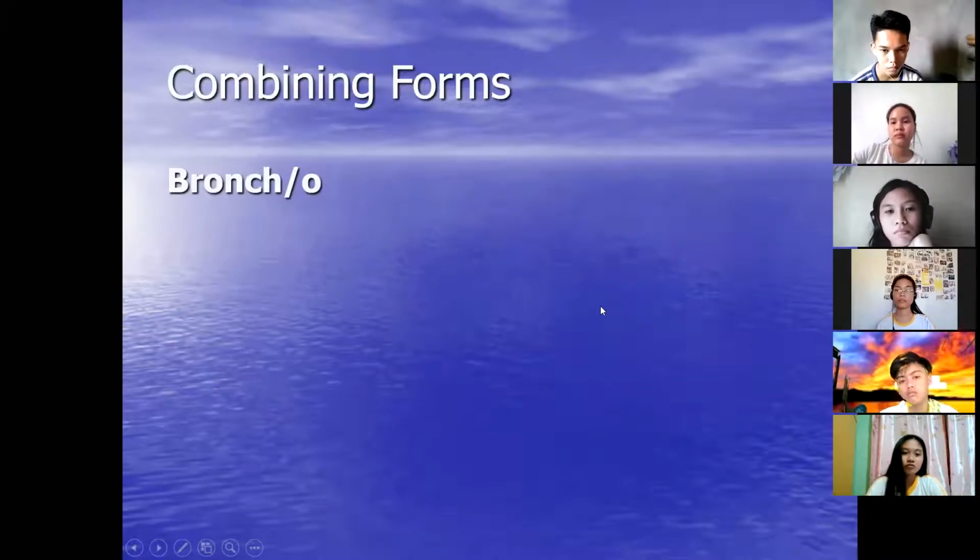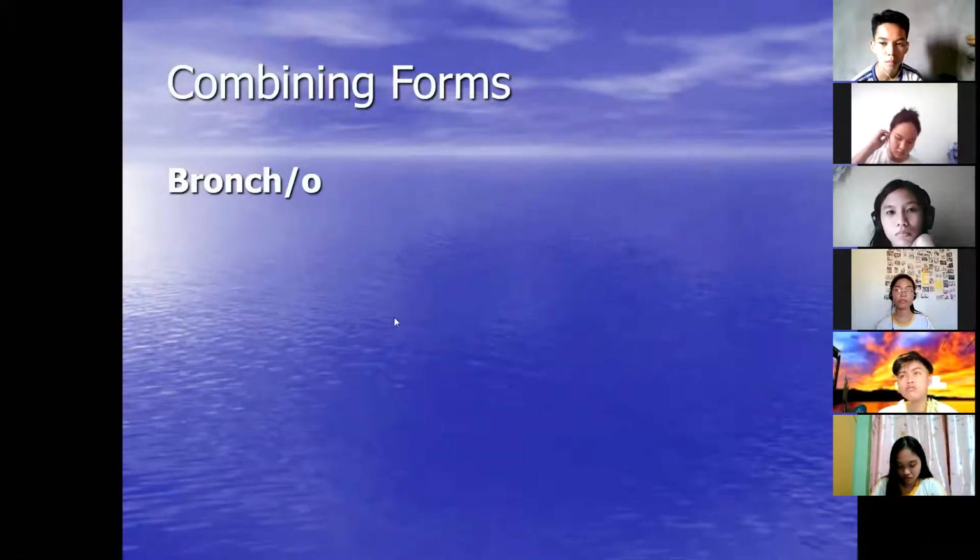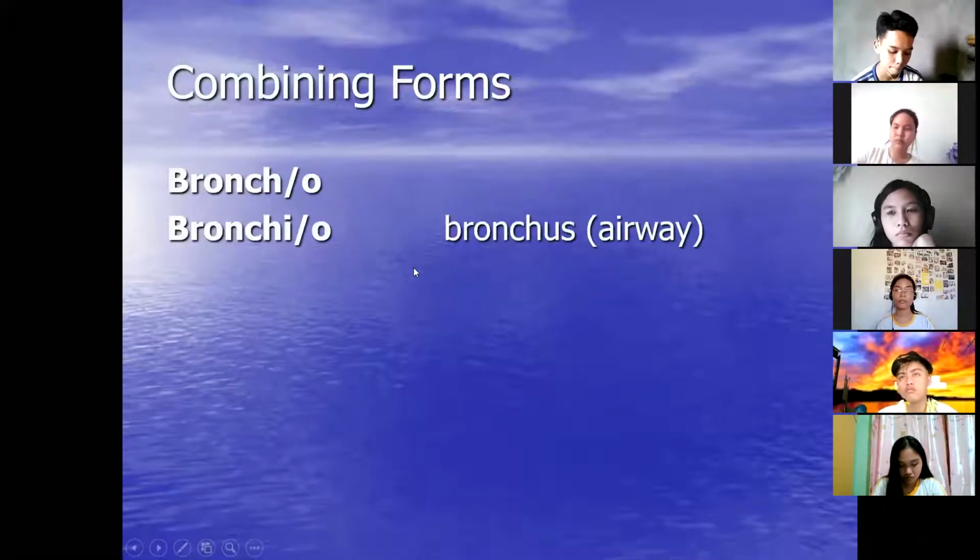Okay, so these terminologies might not be in synchro or in succession, but allow me to have this first. Broncho or bronchos. These terminologies are actually used in medical practice by medical practitioners.